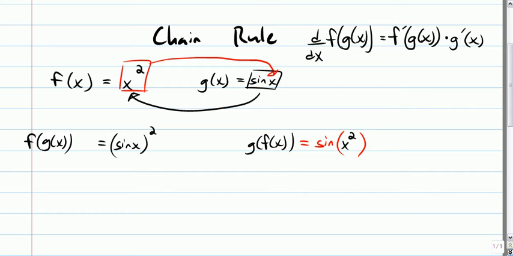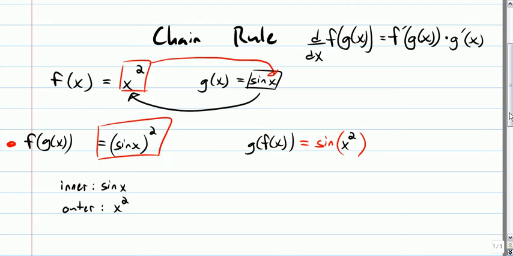You have to understand which is which. For the first example here, that red bullet, the inner is sine x. The outer is x squared. So think, if you plugged sine x into x squared, you'd end up right here.